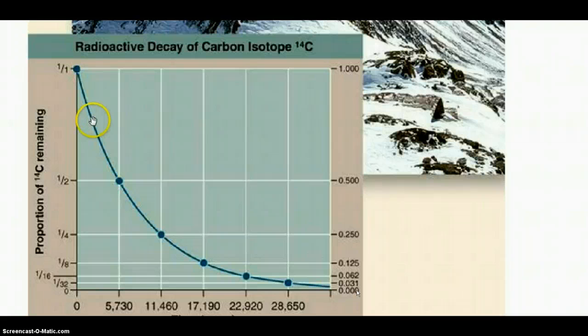And so the rate changes as the initial material decreases. But it turns out that there is a direct relationship, that is a straight line through here, if we look at the logs of the relationship between the amount of half-lives, or the proportion remaining, and the amount of time.